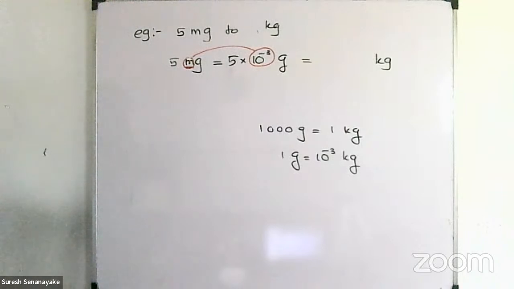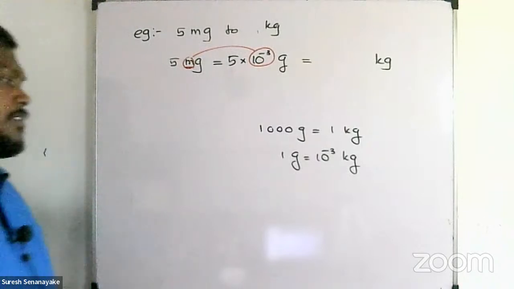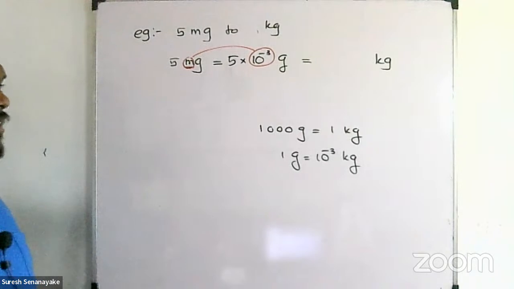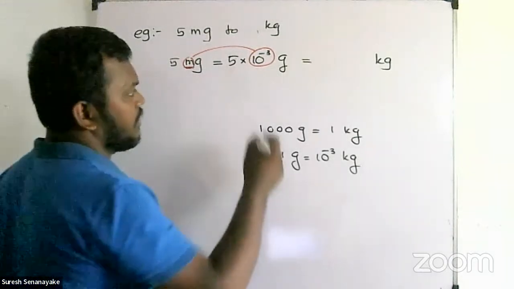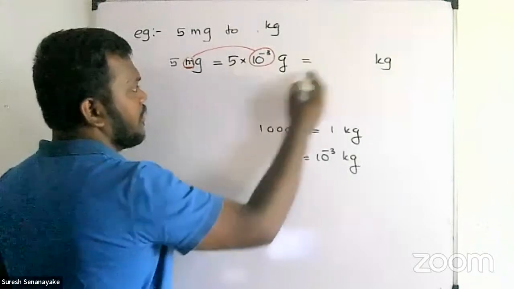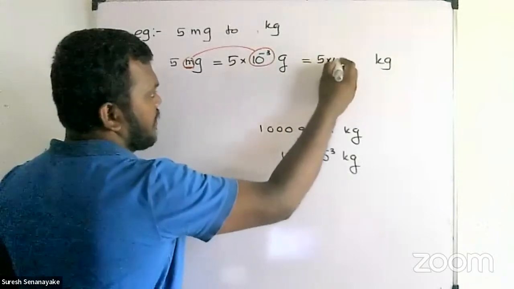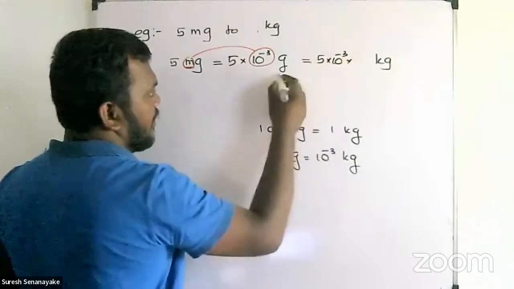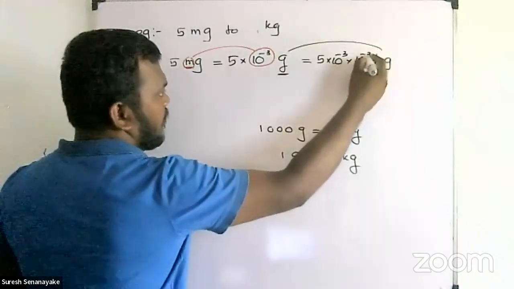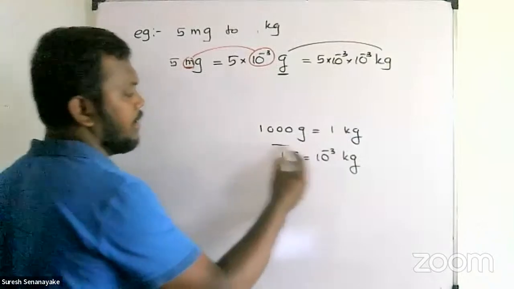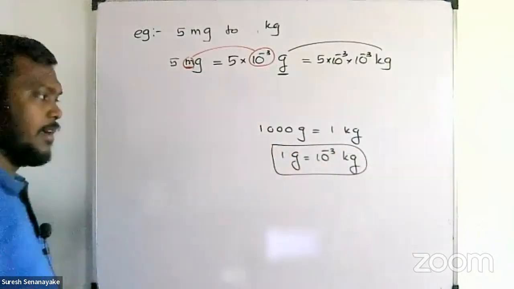That's the way you need to do this. 10 to the minus 3. Again, you need to multiply by 10 to the minus 3. So you write 5 × 10^-3 for gram, then gram to kilogram, so you multiply again by 10 to the minus 3. If you don't know, you can write 1 gram equals 10 to the minus 3 kilogram.